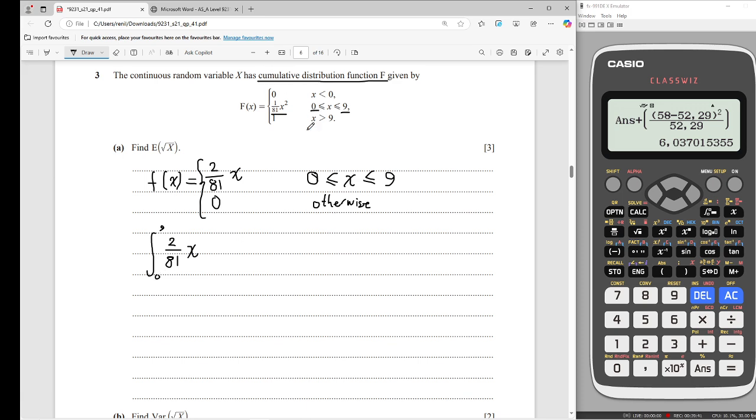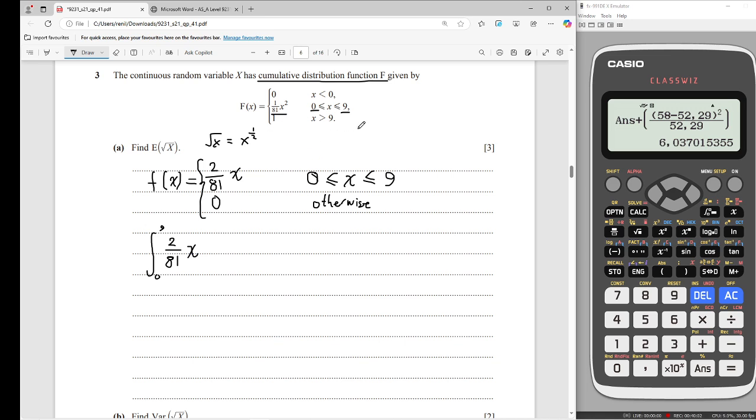This is the function we have, and we need to multiply this function with root x, and root x is equal to x to the power 1 by 2. So when we're multiplying x to the power 1 by 2, this x over here multiplies with this.